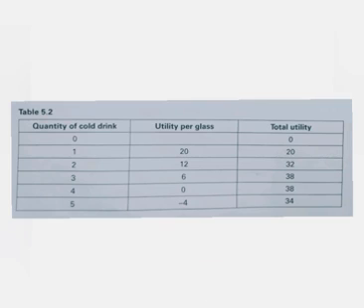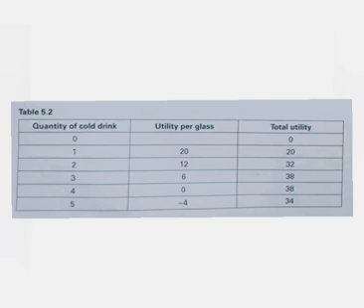On 0, there's nothing in utility per glass and nothing in total utility. But on glass number 1, he obtained 20 utils of satisfaction. Therefore, his total utility is 20.